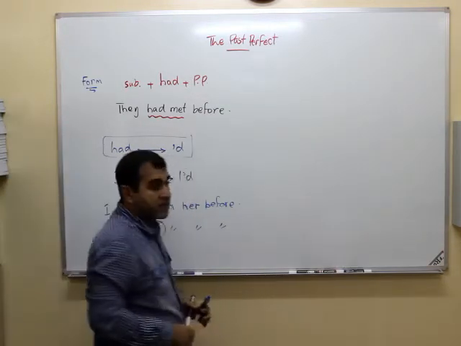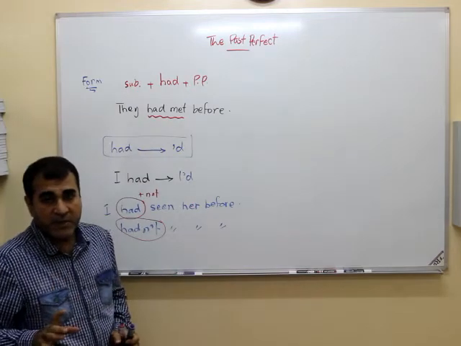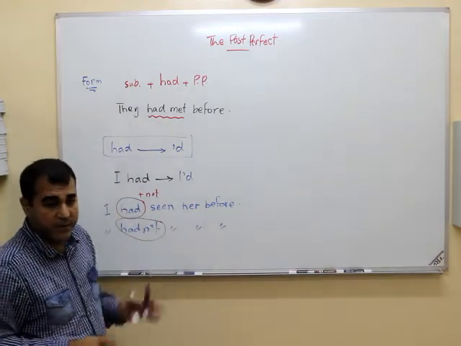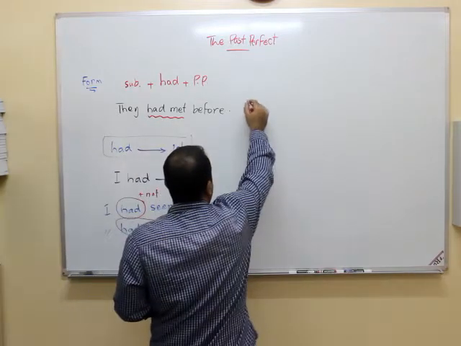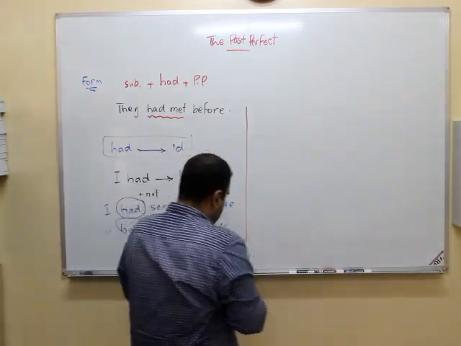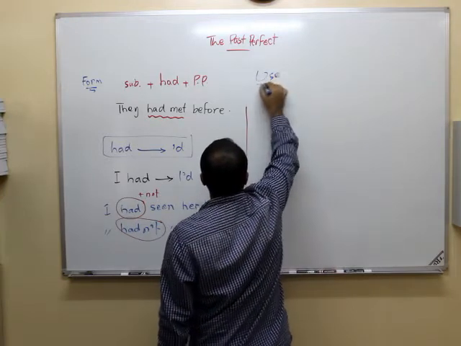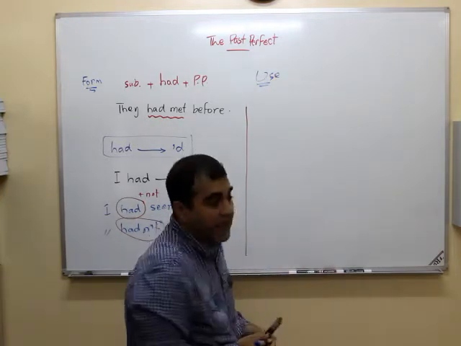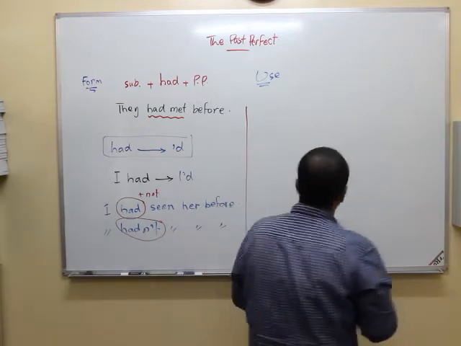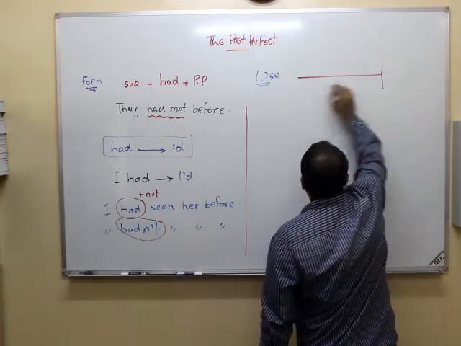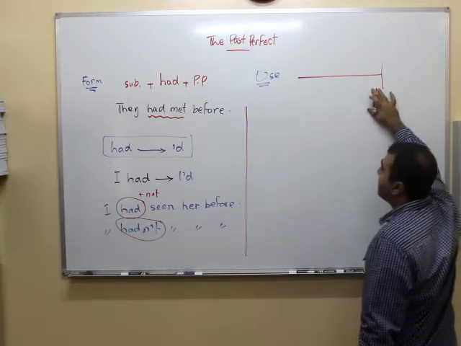Now let's move to the second part, which is about when to use the past perfect. We can use the past perfect in three cases. First case, look here at this drawing. Let's imagine this is some kind of timeline.